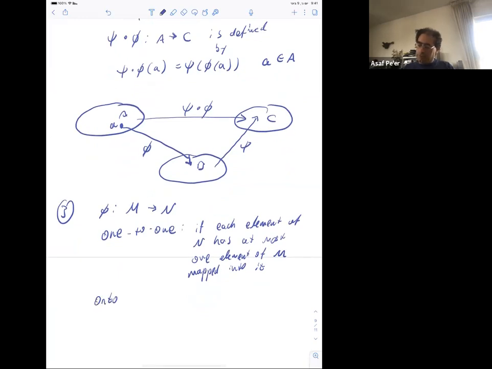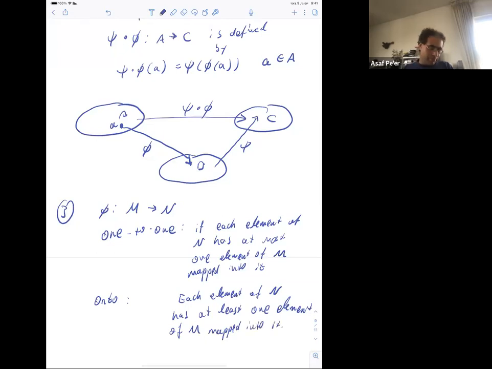It's called onto if each element of N has at least one element of M mapped into it.